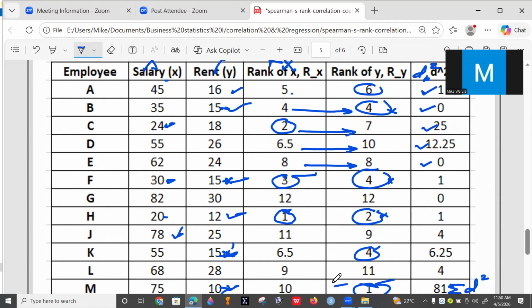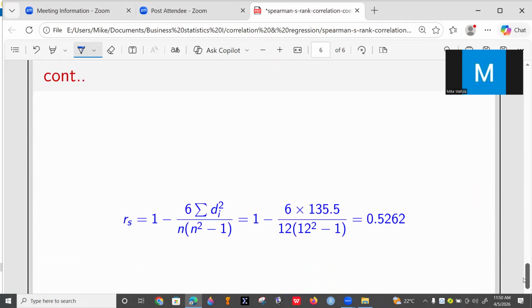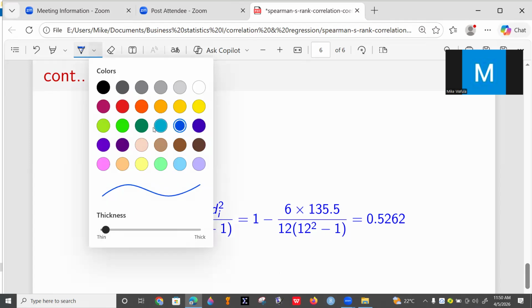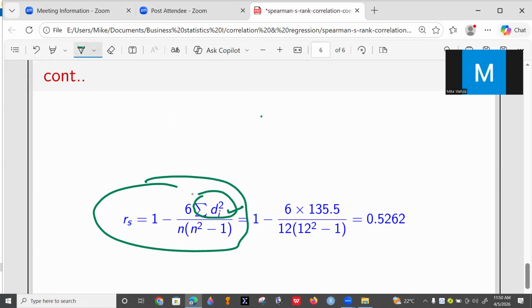Remember, from our formula, it says 1 minus. When you look at this formula, we need the sum of that column, which is the term of interest, because here we are talking of 12 pairs that form the sample size.